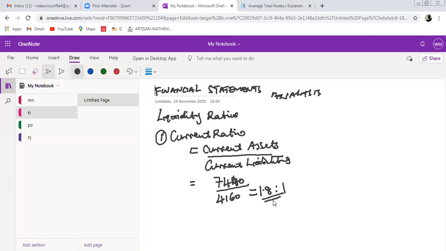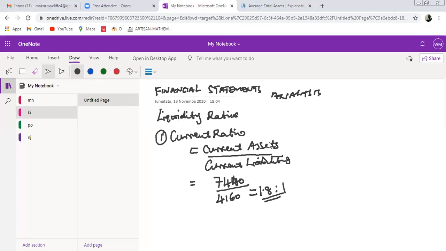And from this ratio, you can say whether the business is doing well or it's doing badly in terms of liquidity. Note, liquidity is the ability of the business to generate cash to pay the liabilities. Once you find the figure is above 1, it simply means that the current assets are more than the current liabilities.